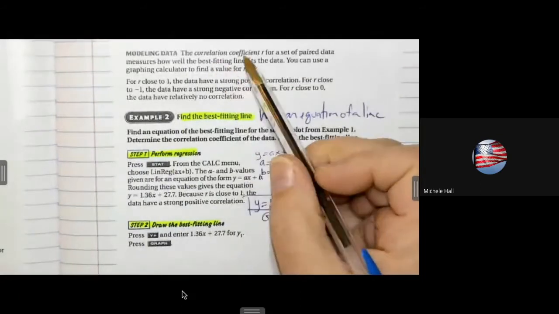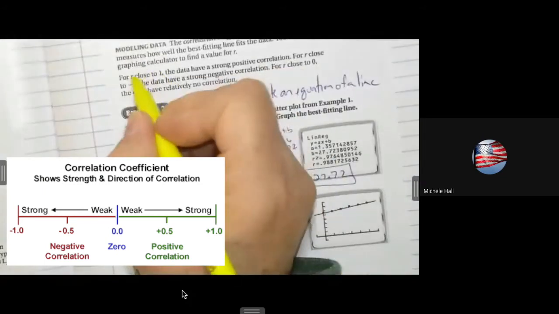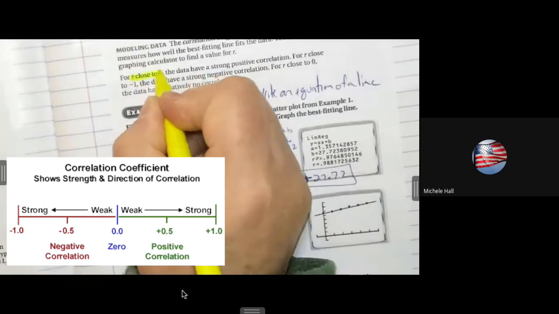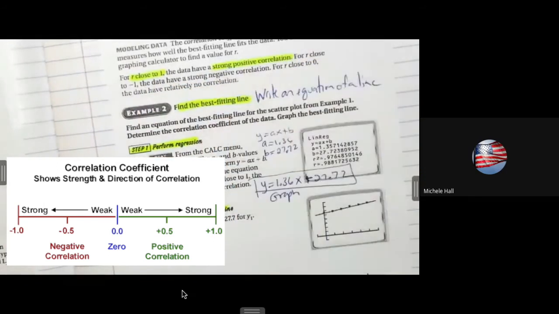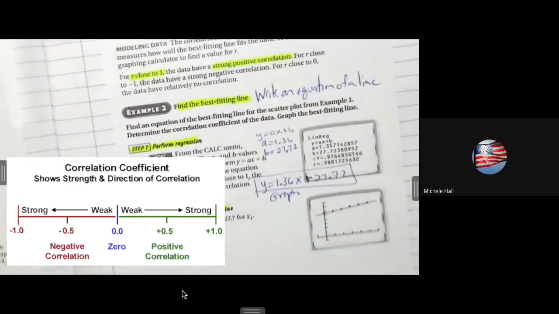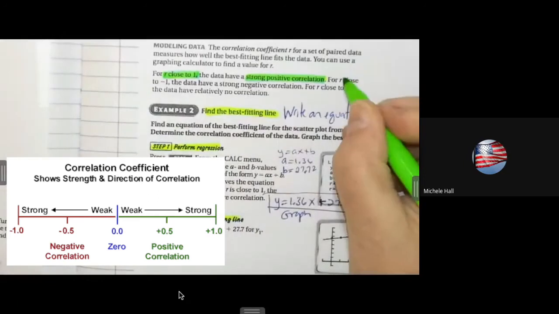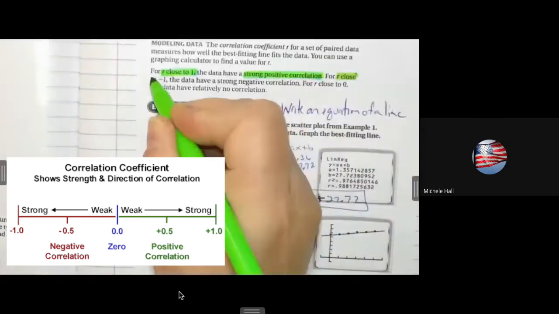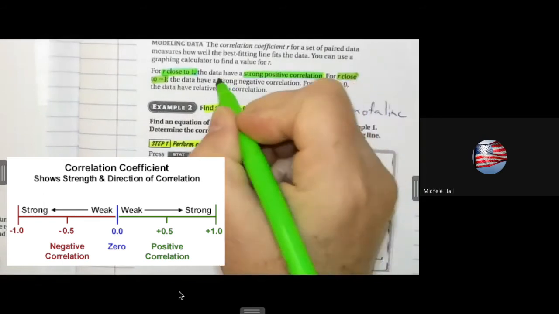The correlation coefficient R close to 1 has a strong positive correlation. So when R is close to positive 1, that means that you have a strong positive correlation. And when R is close to negative 1, that means that you have a strong negative correlation.